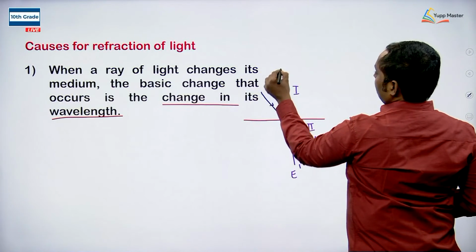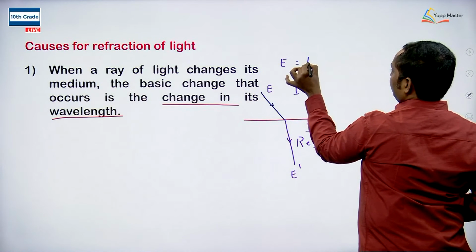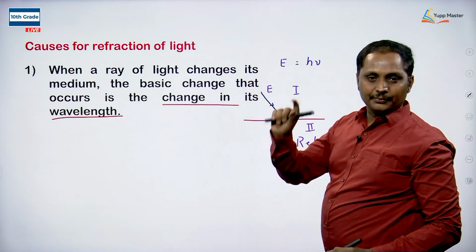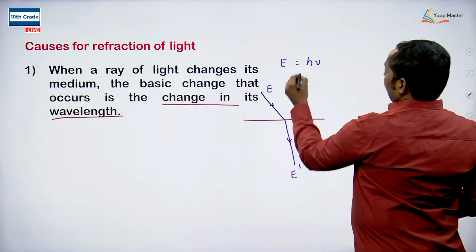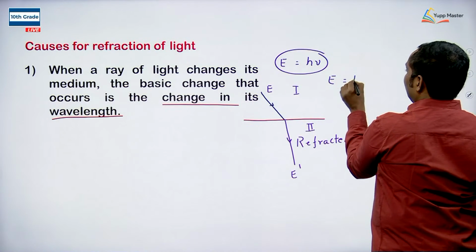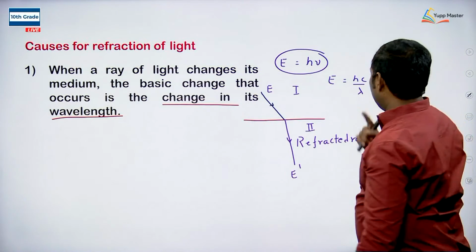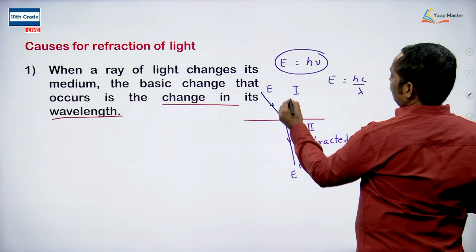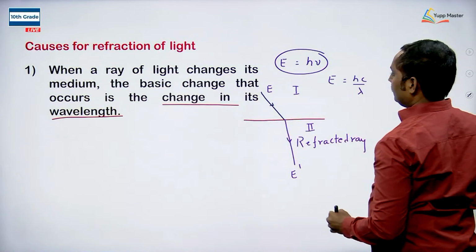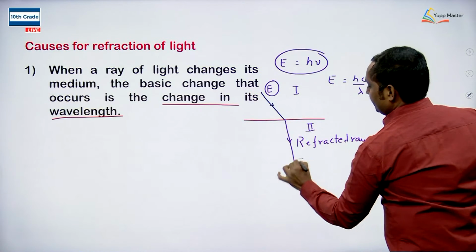Easily you will find that E is equal to h nu according to Planck's quantum theory, which you should learn. So, E is equal to hc by lambda. Here you will confirm this is the case for E and E dash.